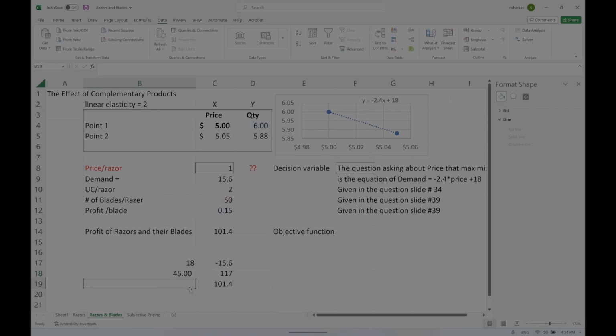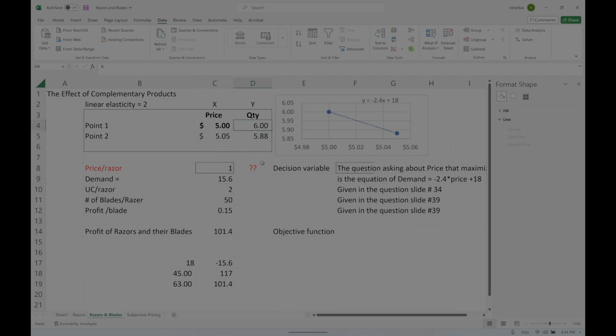So now, why don't you add these together? Here plus here. You will find out that you are making a lot more by decreasing the price of the razor, given that you are able to sell 15.6 in demand compared to 6. This is too much, isn't it? It's unrealistic.